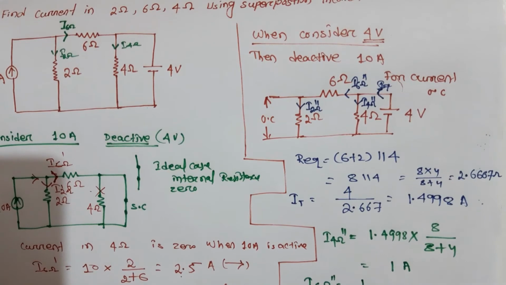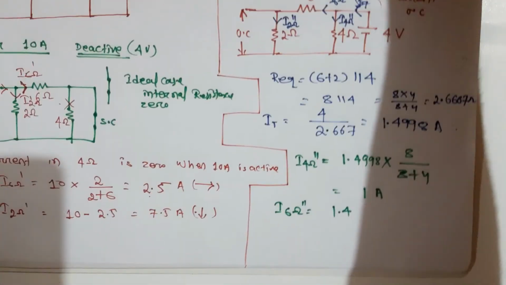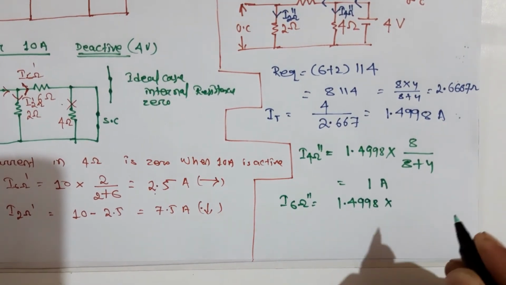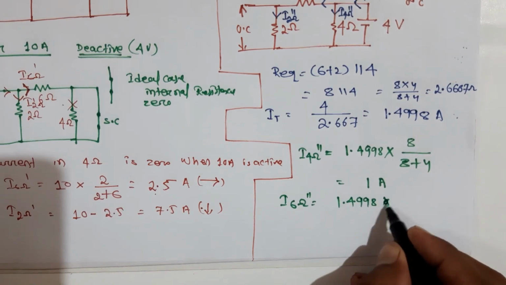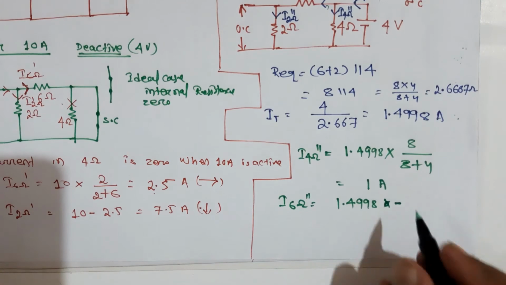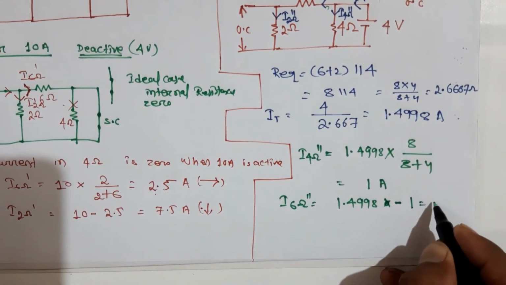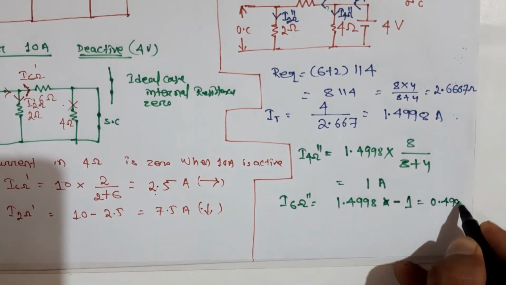And the current in 6 ohm, double dash, is equal to 1.4998 minus 1, since this much current is divided between these. That is equal to 0.4998.